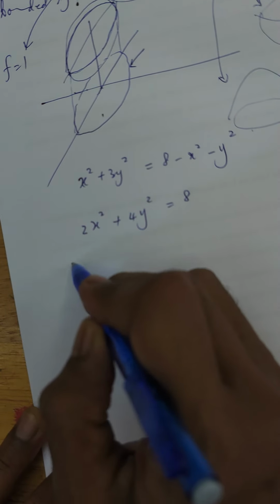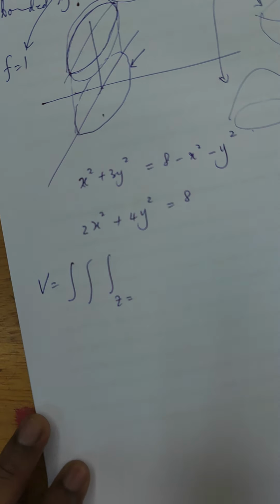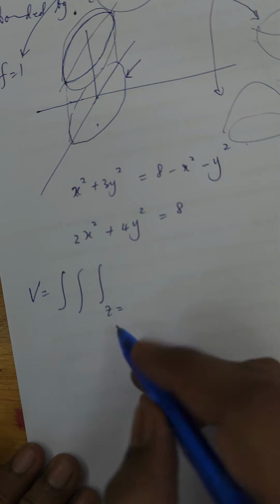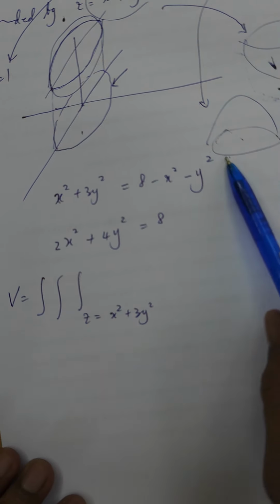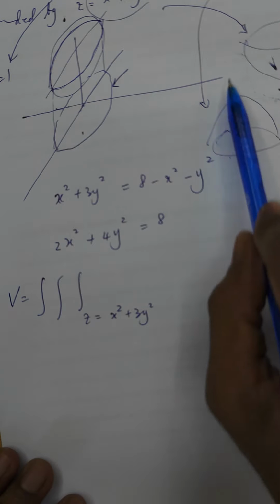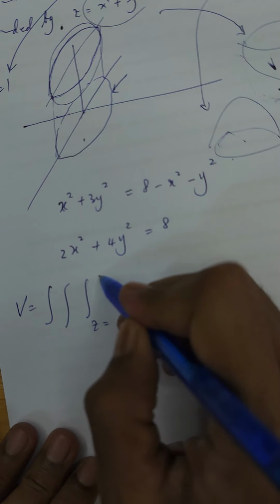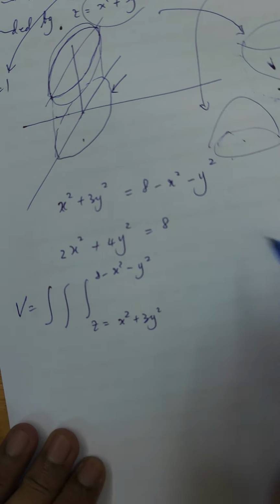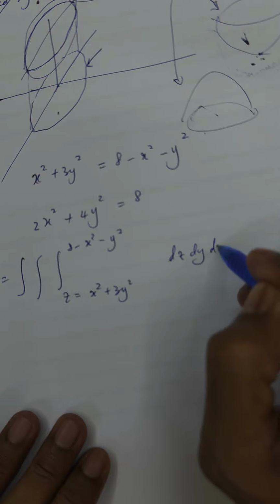Which means we just need to integrate to find the volume, integrating z from that surface, which is x squared plus 3y squared, to that surface, which is 8 minus x squared minus y squared, and this function is just one, so we have dz dy dx.